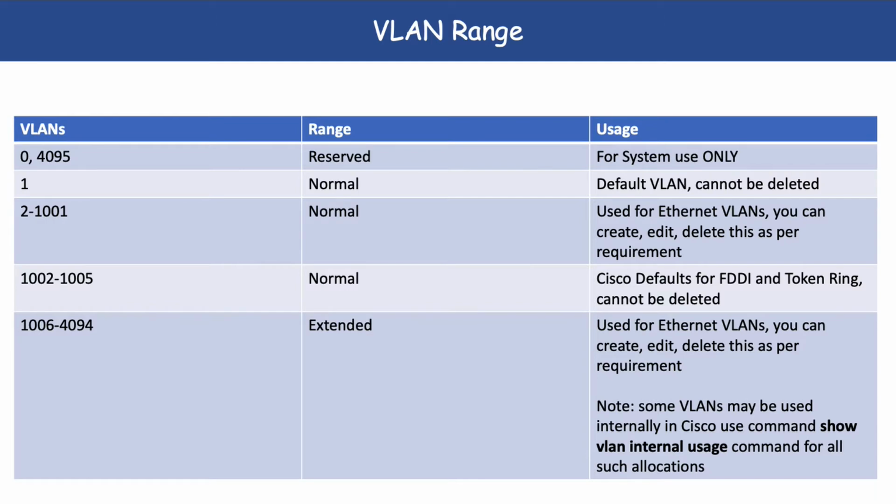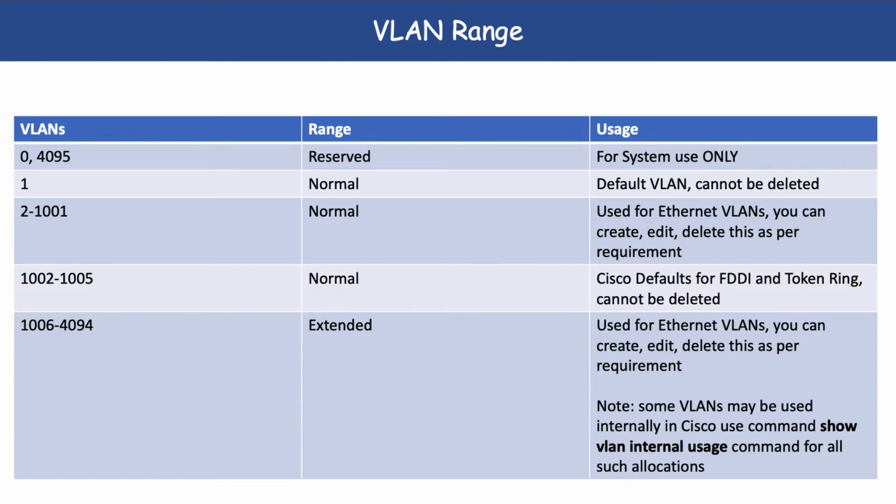VLAN 1002 to 1005 is again normal range but cannot be used in Cisco because it defaults to FDDI and token ring in certain Catalyst switches, and it is better if you do not use it, because if you have legacy switches in your network and you are using these VLANs in the new switches, you may be able to use them, but it will cause problems when you need to pass them through the old legacy switches.